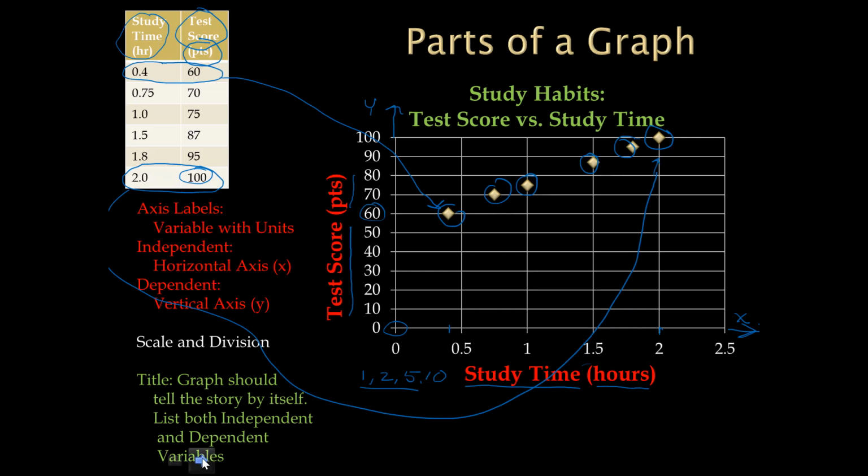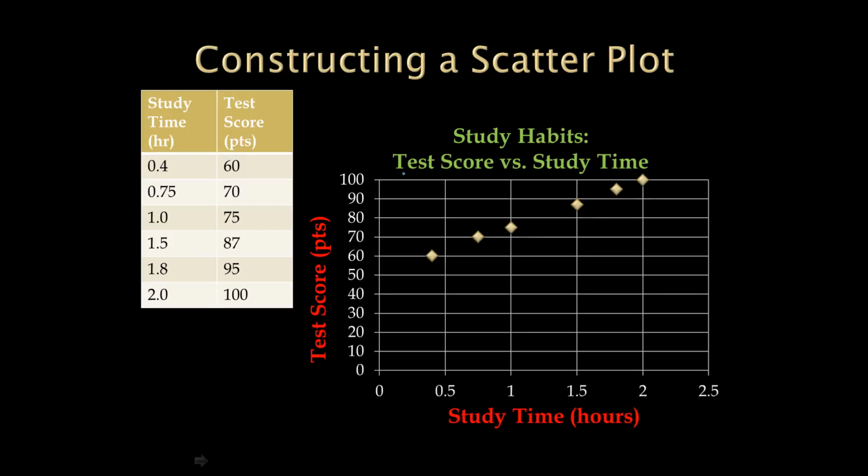Let's go ahead and clean this up, see what we have here. Okay. So now I've just enlarged my list of data here, my independent and dependent data, and then the properly constructed graph listing the independent variable and its units, the dependent variable and its units, well-marked scale, and a title that describes what's happening.